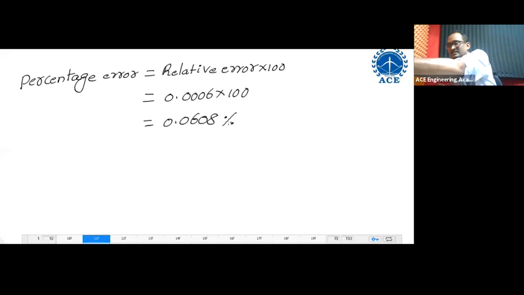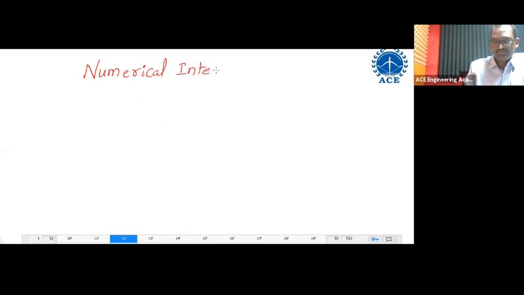Next module, a most important and expected topic: numerical integration.